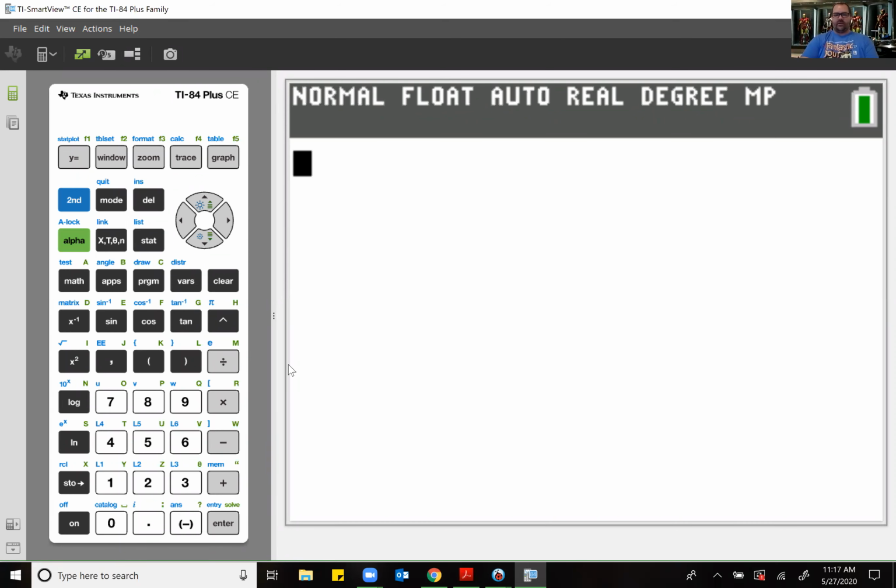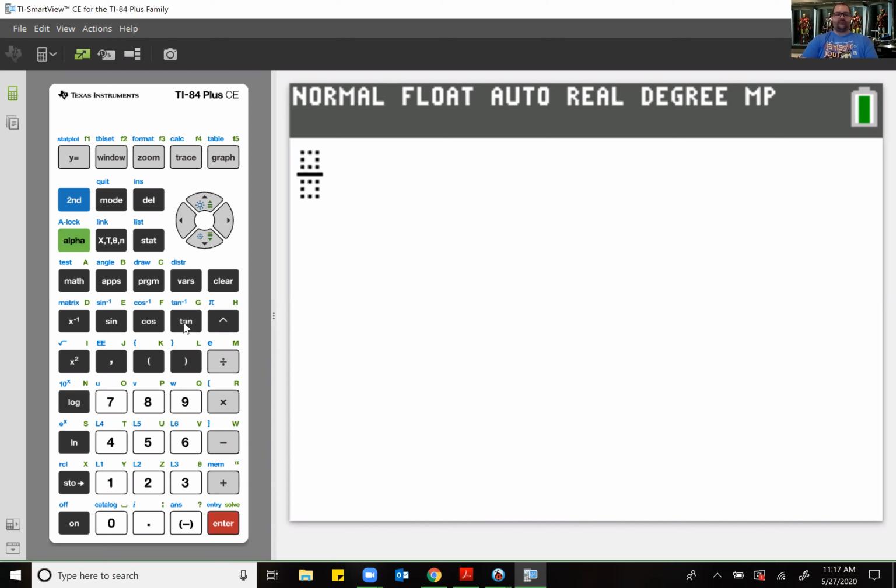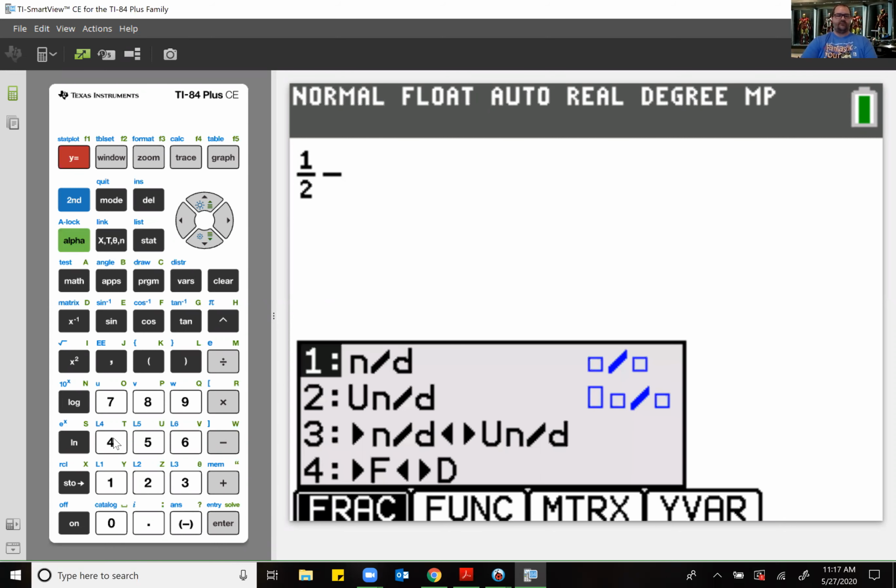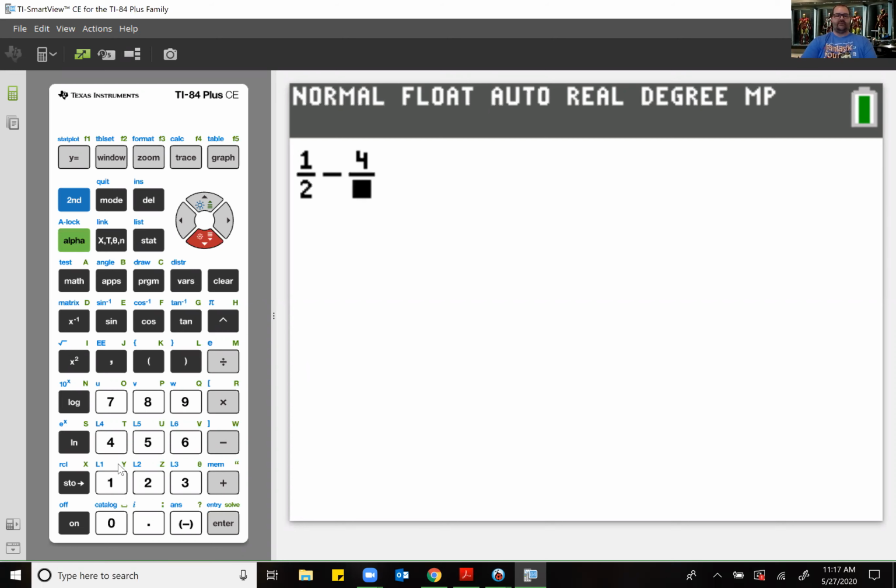All you're going to do is hit alpha y equals, and you're going to put in the fraction a half, because that's like our 90 degrees. And we're going to subtract the angle that we have from it, and that will tell us what's left. So the angle that we have is alpha y equals 4/11. Hit enter.